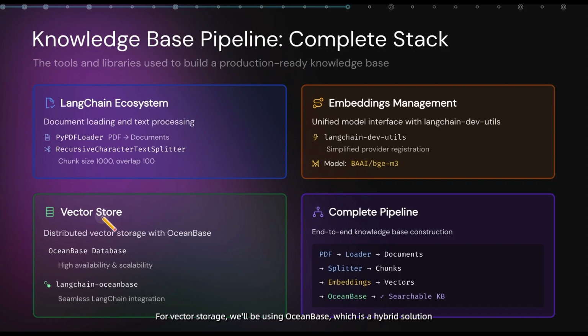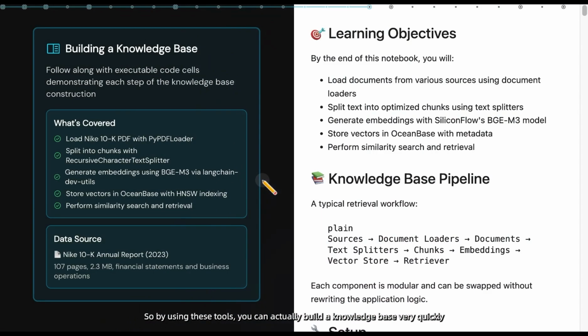For vector storage, we'll be using OceanBase, which is a hybrid, all-in-one data storage solution, and we'll also use its components. With LangChain and OceanBase, you can quickly integrate it with LangChain, and in the end, you'll have a complete pipeline. So by using these tools, you can actually build a knowledge base very quickly.